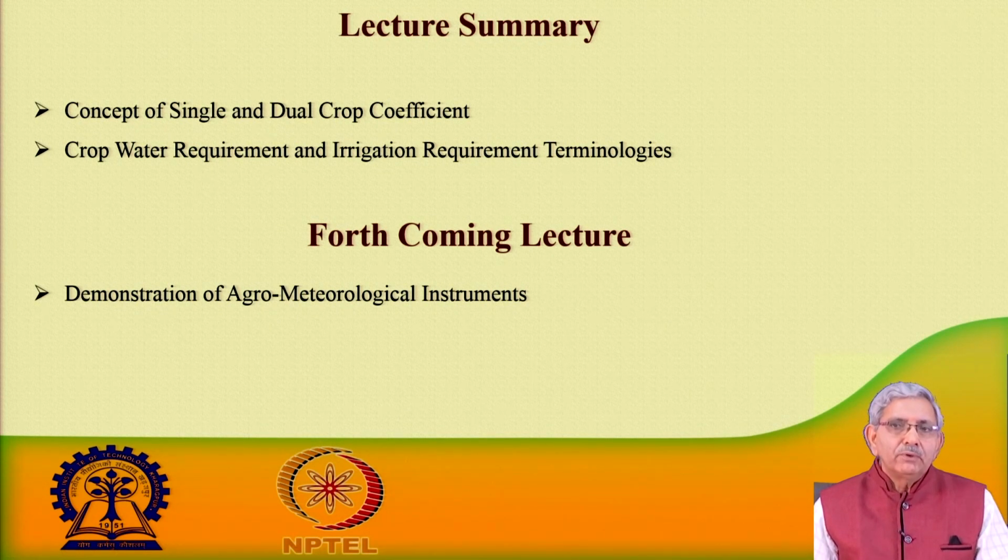So, we will demonstrate some of those equipment in the coming class, so that you can have the full knowledge of how these equipment are used for estimating evapotranspiration, as well as other field water balance and weight measurement, done for determining the measurement of evapotranspiration.